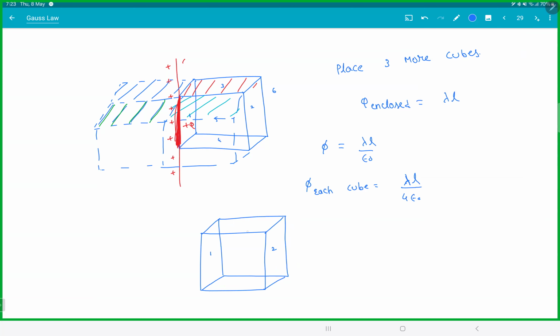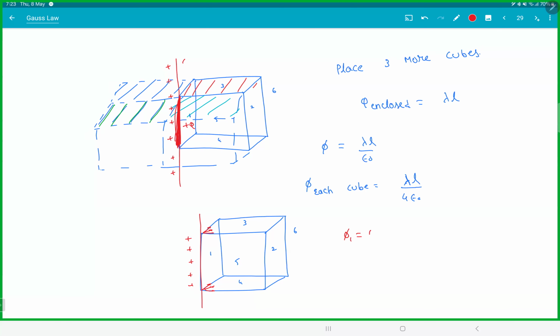So 1, 2, 3, 4, 5, and 6. So we're going to take this infinite line charge here. You can clearly see the field lines are parallel to this. Field lines are parallel to 4. Similarly, field lines are parallel to 1 and 5 also.